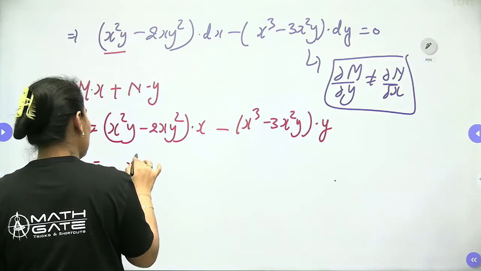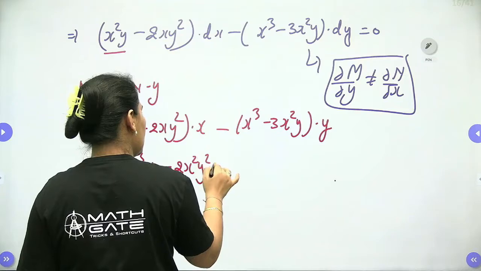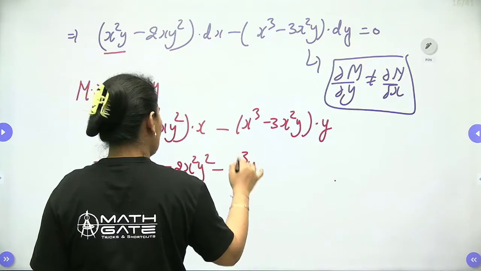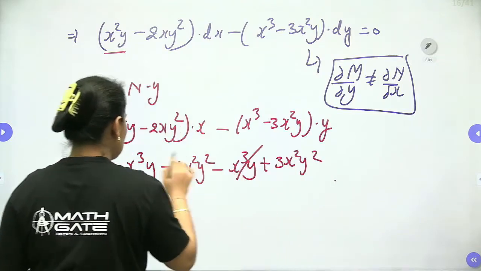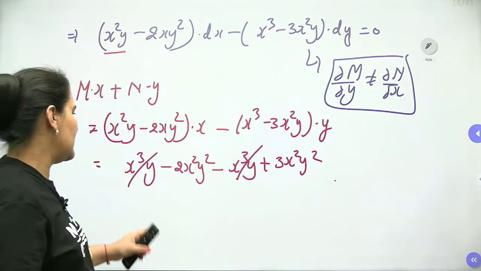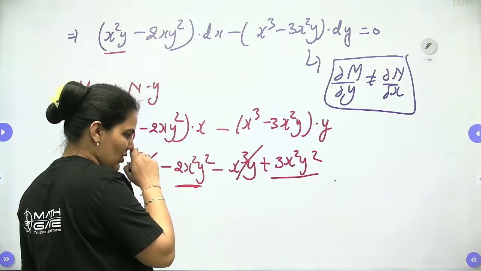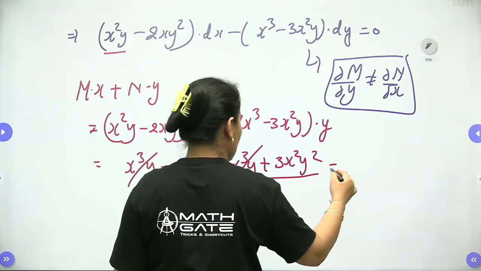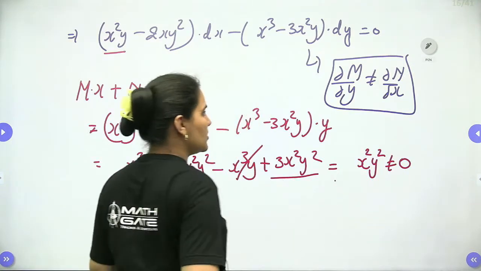It will be x cube y minus 2x square y square minus x cube y plus 3x square y square. You can see x cube y and x cube y cancel out. You will have minus 2x square y square plus 3x square y square, which gives x square y square only, which is not equal to 0.